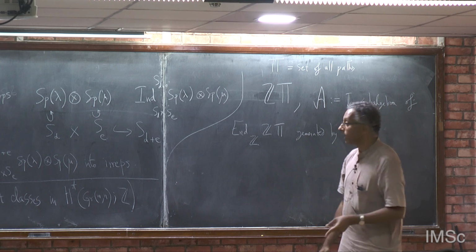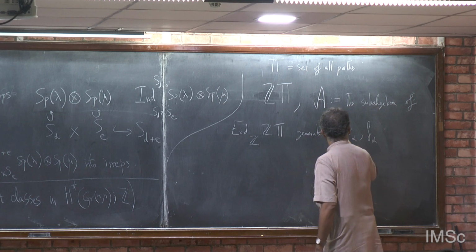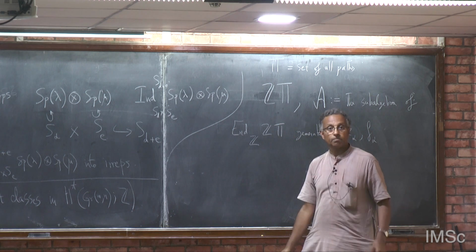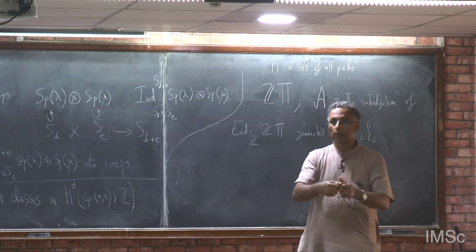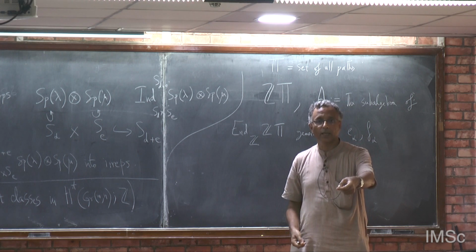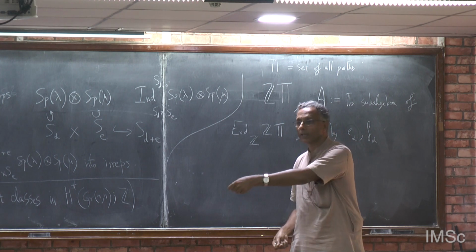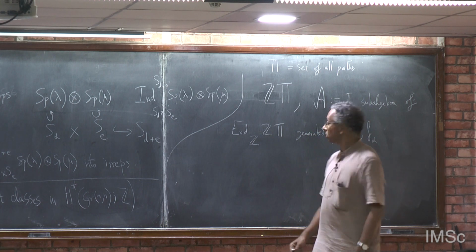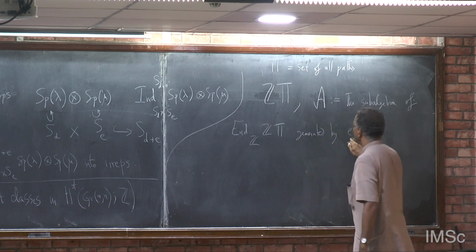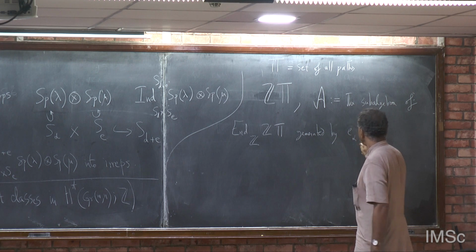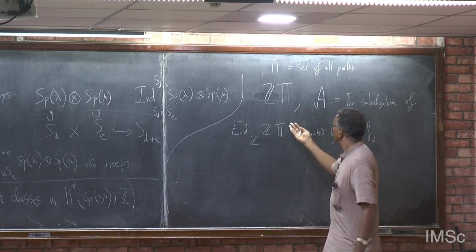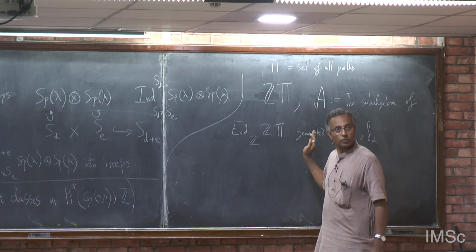Now I can make E alpha act on Z pi, so acting on a basis element, either it takes me to another basis element or it gives me 0. When I say generated by E alpha and F alpha, I am thinking of E alpha as an element in this End Z pi in the obvious way.